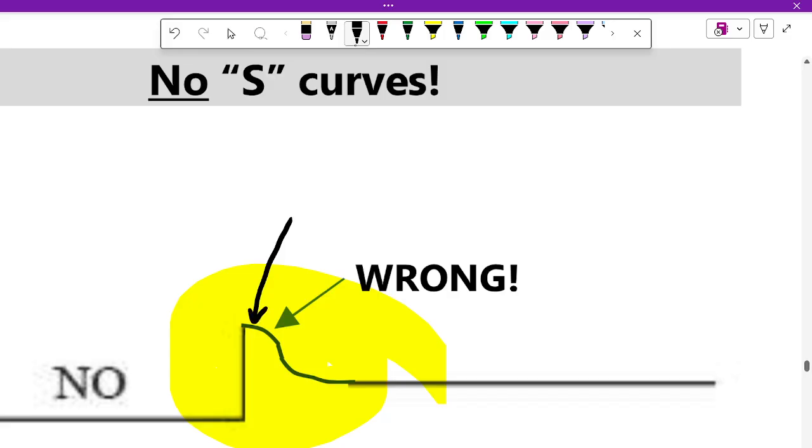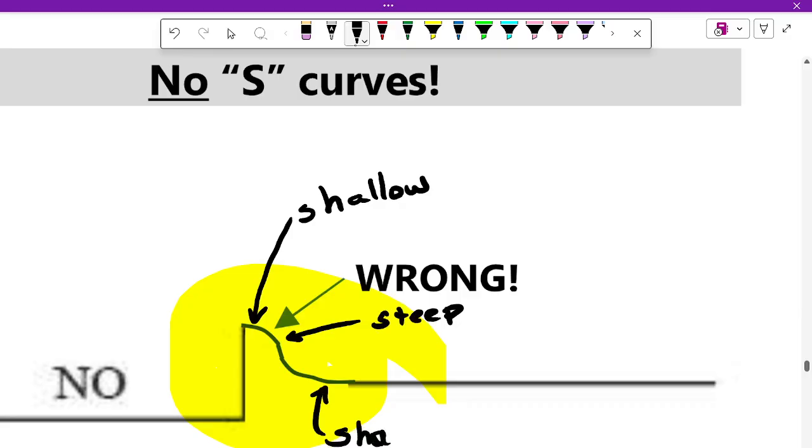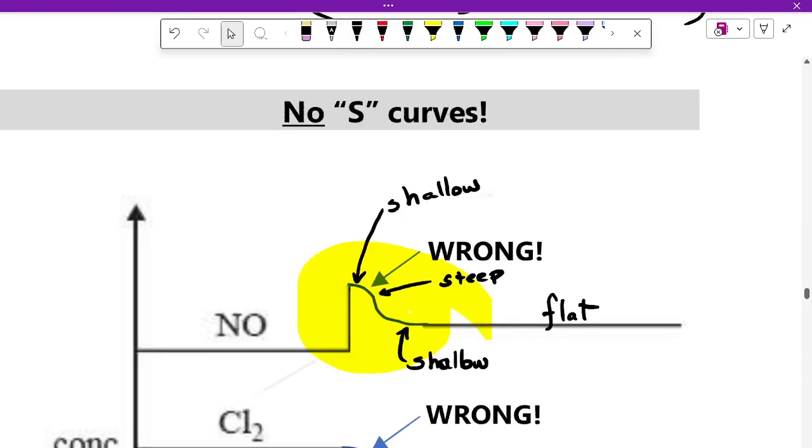This is shallow, and then it is steep, and then it is shallow. It doesn't go steep, shallow, flat. It goes shallow, steep, shallow, flat. Flat does not have two T's. So no S curves, okay?